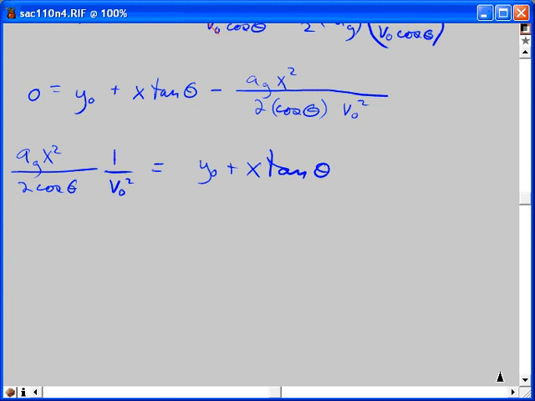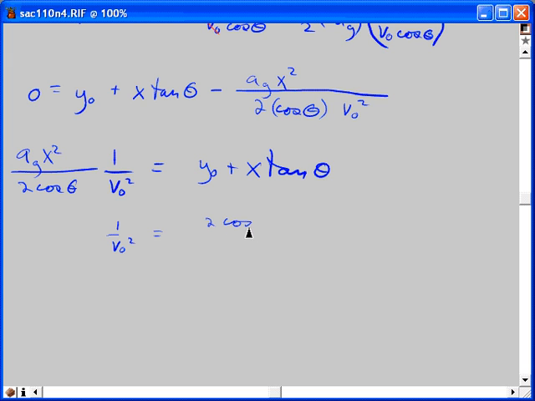Now I'm going to multiply both sides by 2 cosine theta over a sub g x squared. So I'll just have 1 over v0 squared on the left, and then a big mess on the right.